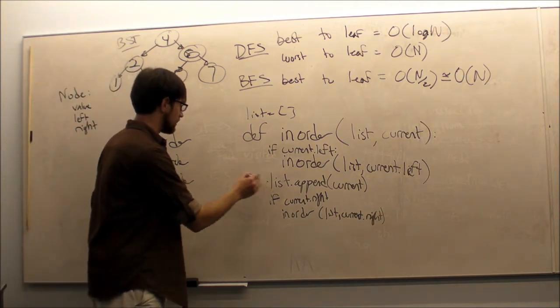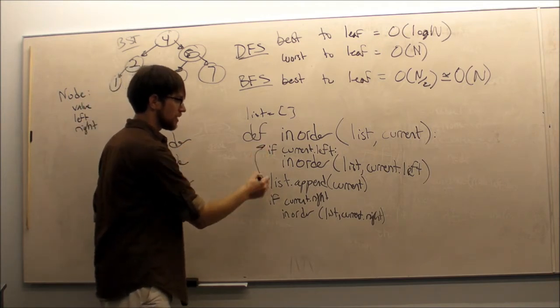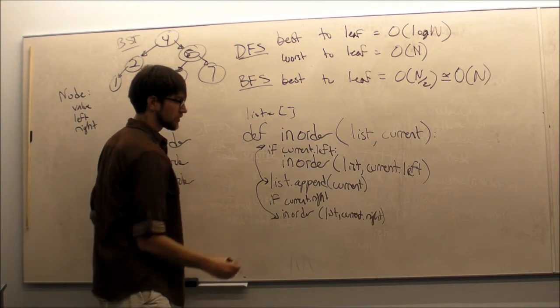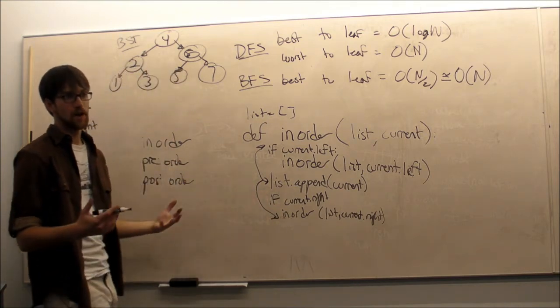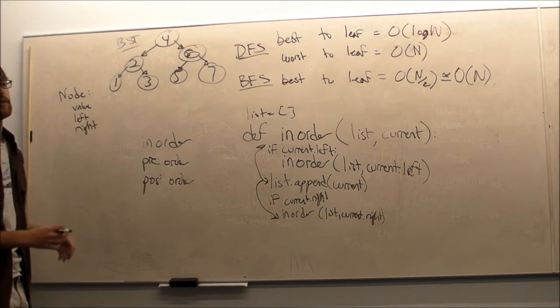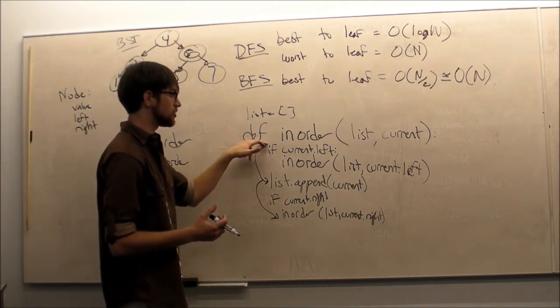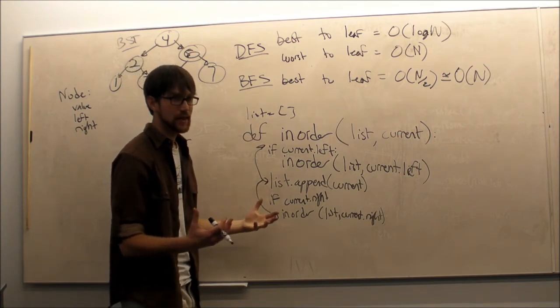Exactly. So the difference between in order, pre-order, and post-order is just where you put this append. Oftentimes it can be a print statement, or it can be evaluate, or it can be whatever processing you want to do on it. But when you do the traversal, it's just kind of choosing where you do that check.